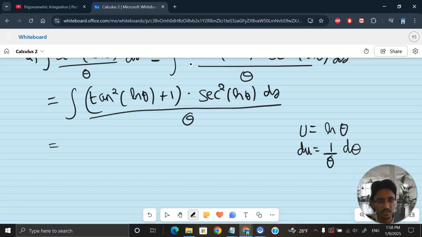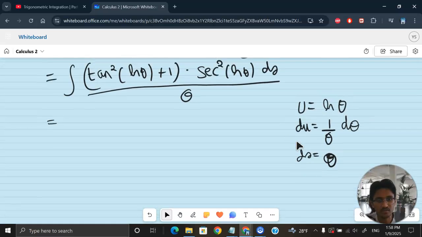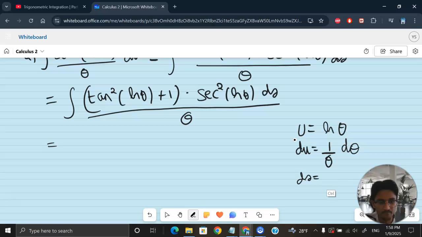In this case, it's going to be d theta. So d theta is going to be equal to theta du, so we can sub that in for d theta.